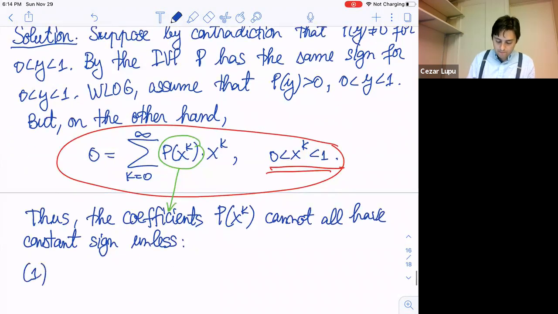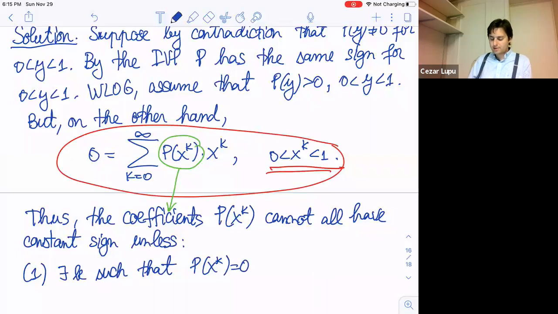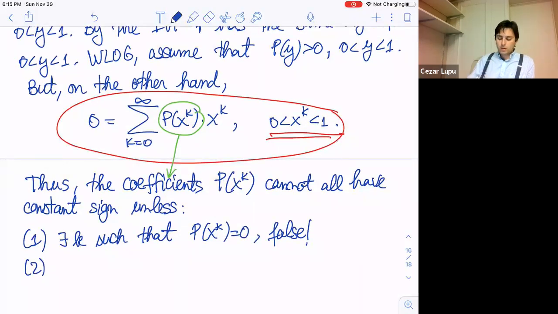The first one: at some point it will be 0. So there exists a k such that P of x to the k is 0, which is nonsense, false. And the second condition is that 0 is between two of them.